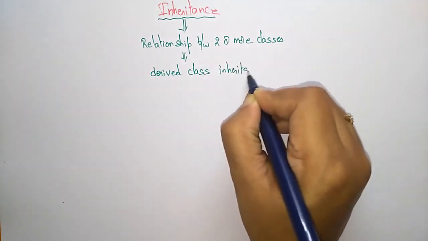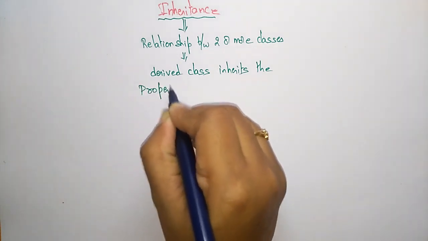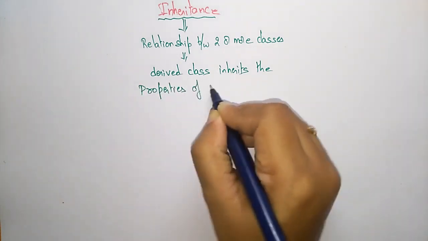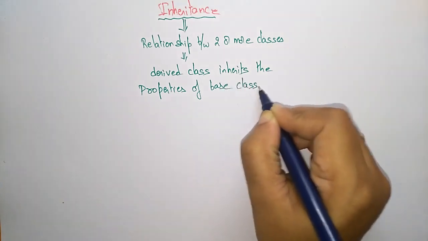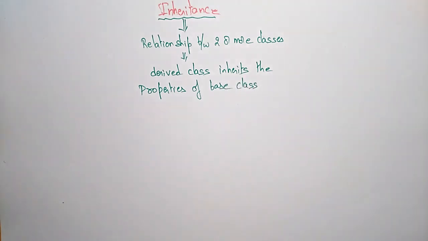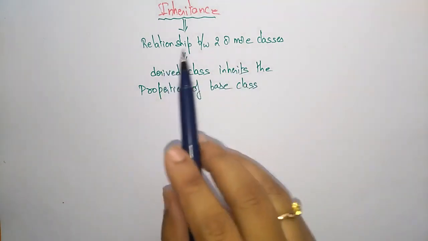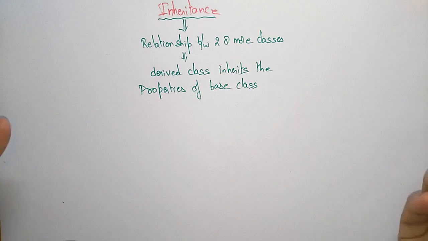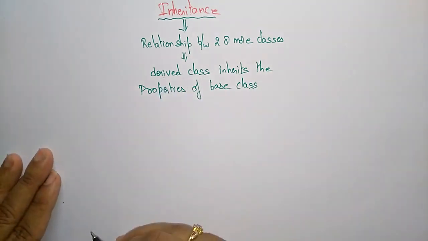Those two or more classes are the base class and the derived class. So it shows the relationship between the base class and the derived class, where the derived class inherits the properties of the base class.